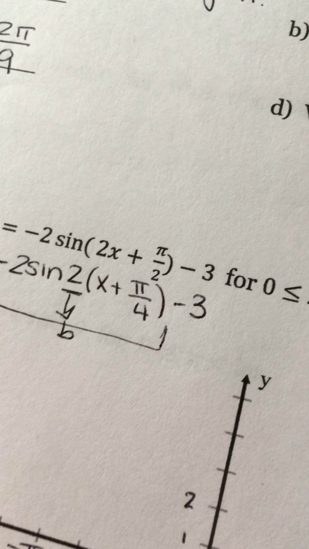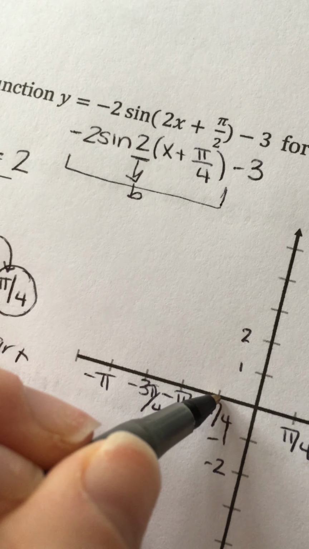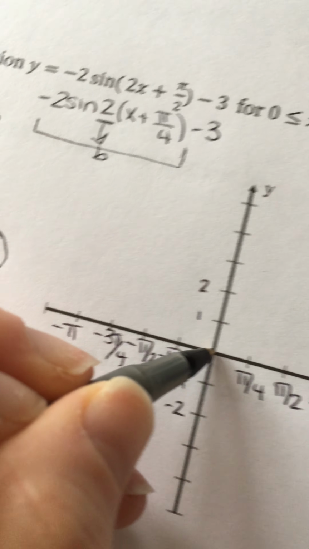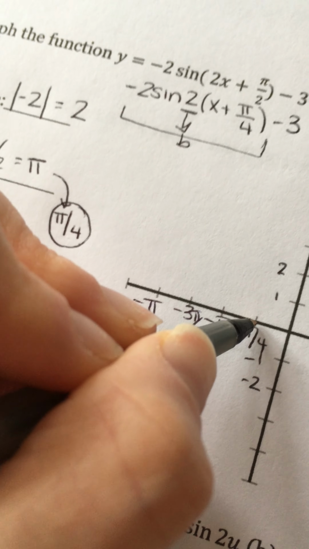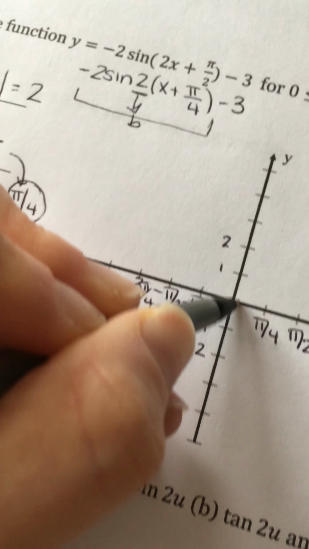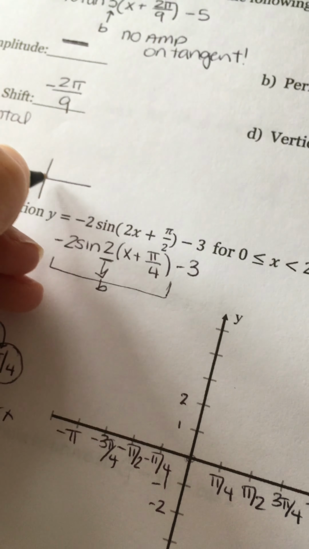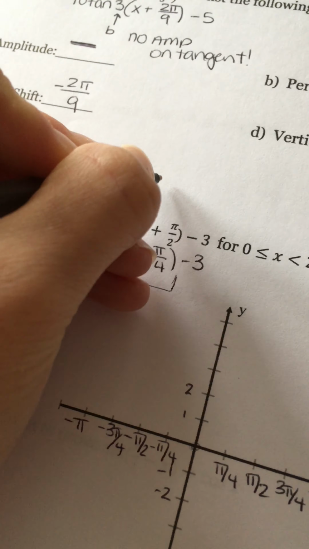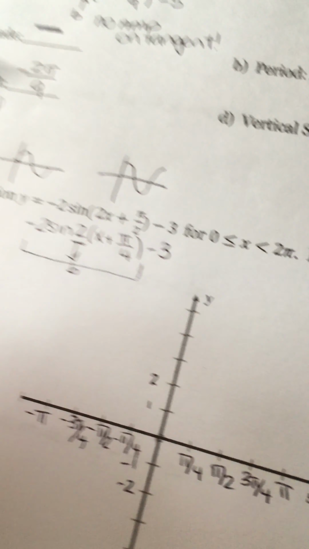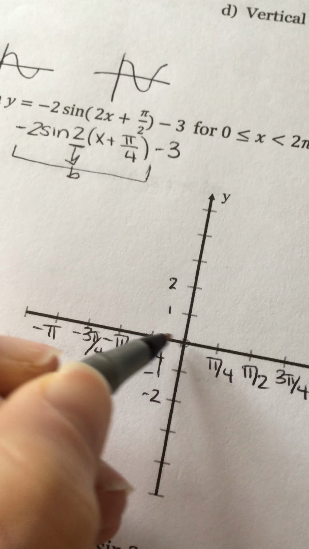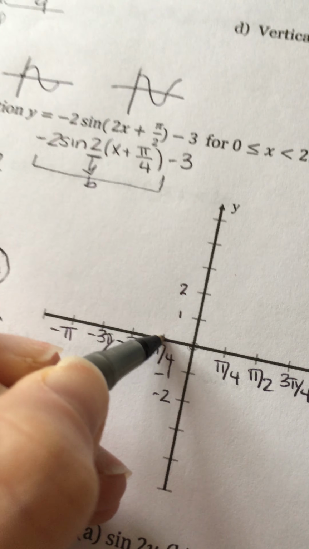So we are going to start at negative pi over 4. It's a sine function, so it starts at 0, 0. But since I'm shifting it to negative pi over 4, I'm going to start here. Usually sine starts at 0, 0, goes up, goes down. Cosine starts up high. So I'm going to start here, and instead of starting at 0, I'm going to start at negative pi over 4.